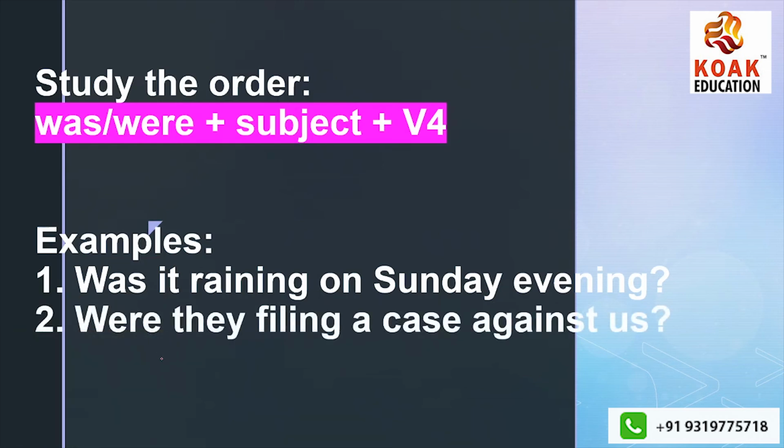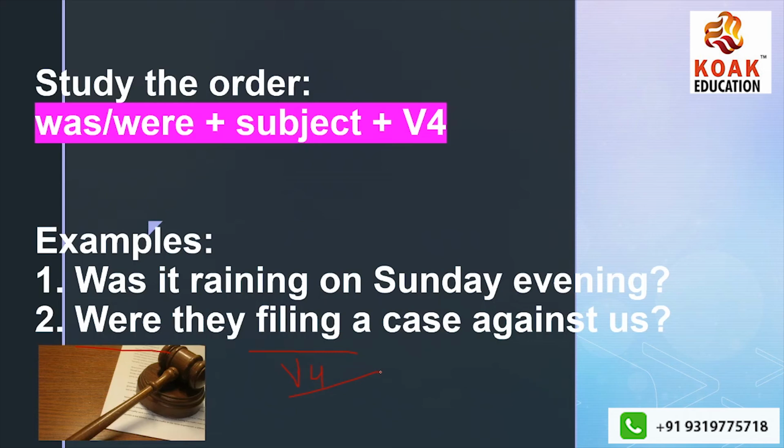Another example that I have for you is, were they filing a case against us? When I say filing a case against us, again, were plus filing, which is the fourth form of verb, the ing form of verb. Here, were is the helping verb and they is our subject.